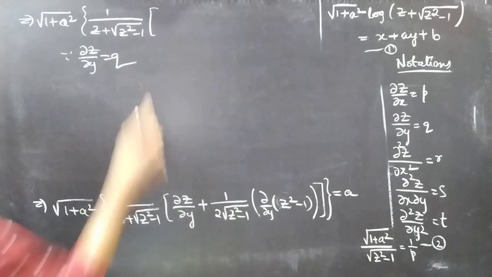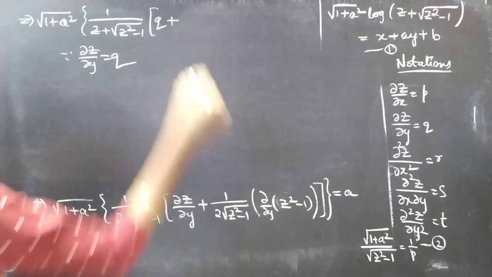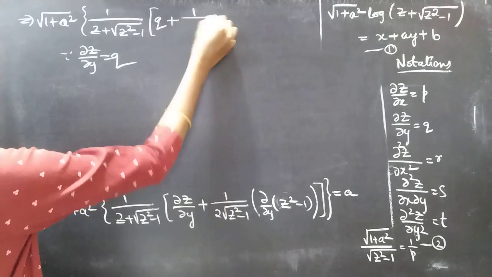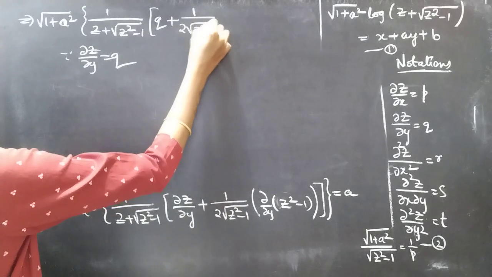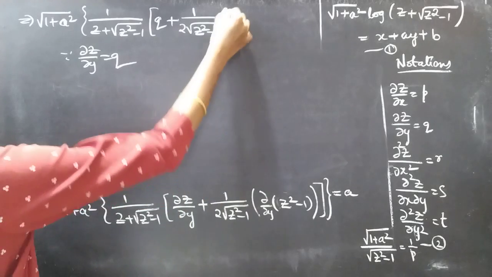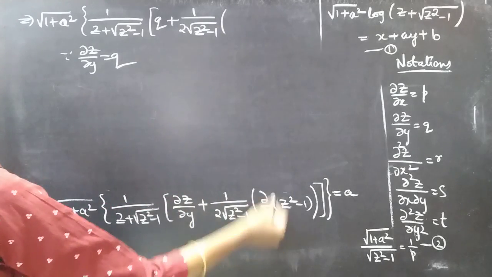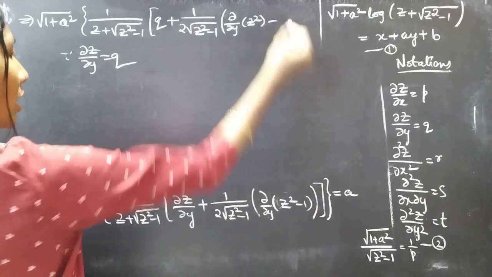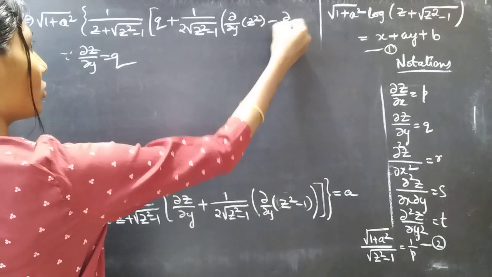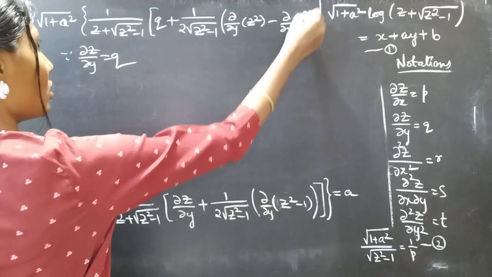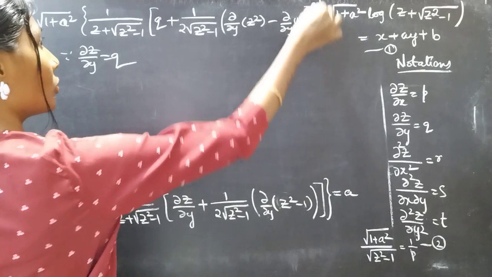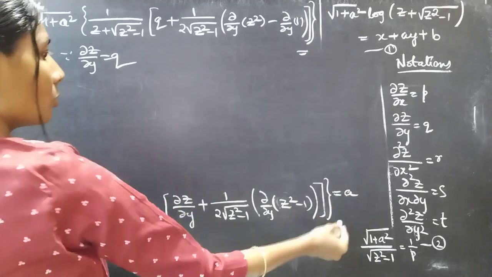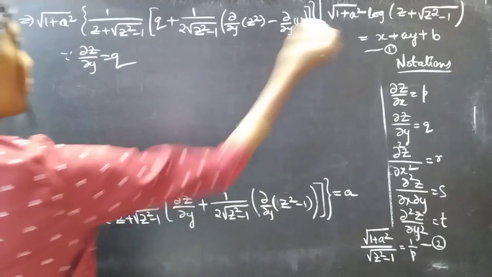We'll get q plus 1 by 2 into square root of z square minus 1 into partial derivative of z square with respect to y minus partial derivative of 1 with respect to y equal to this a. Fine.